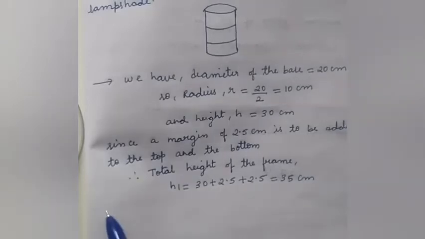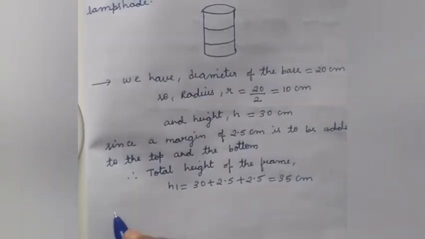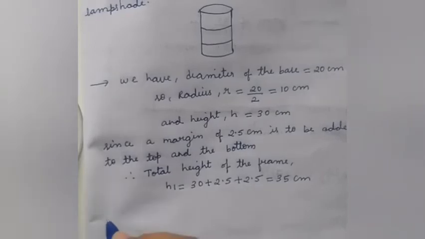So now we can easily find the curved surface area of the lampshade.